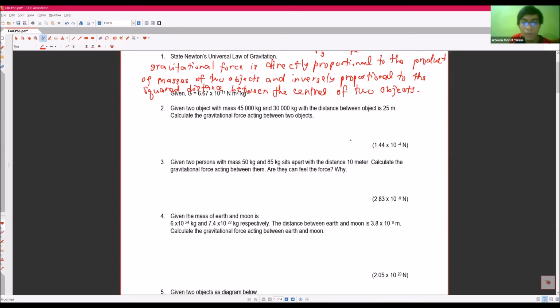Given two objects with masses 45,000 kg and 30,000 kg, with the distance between the objects 25 meters, calculate the gravitational force acting between the two objects. So Fg equals G big M small m over r squared. Big G is 6.67 times 10 to the negative 11. We can plug in using a calculator as well.